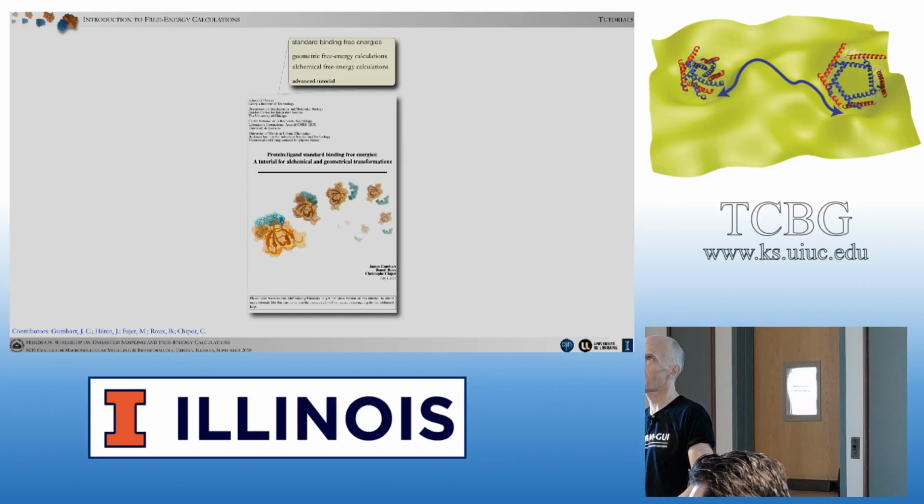But the hope is that at some point this method will be robust enough that it could be emancipated from the need of having the crystal structure. You get the absolute binding free energy to discriminate between the different sites, and then zoom in on the one that, for instance.